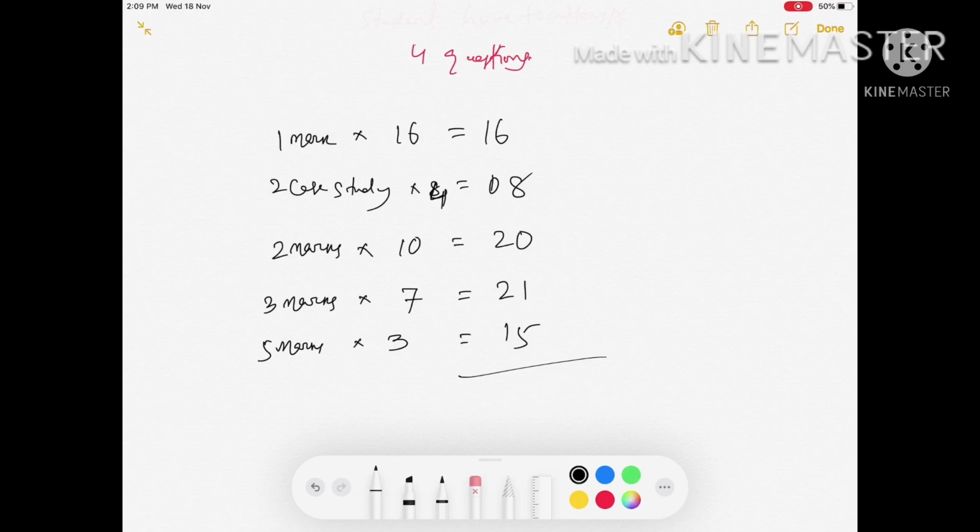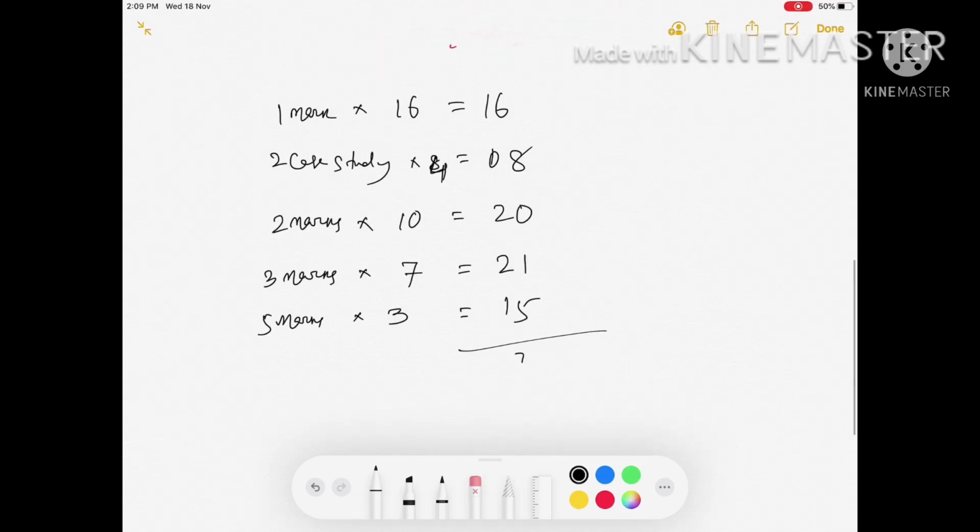And if we add this, you will get 80 marks.